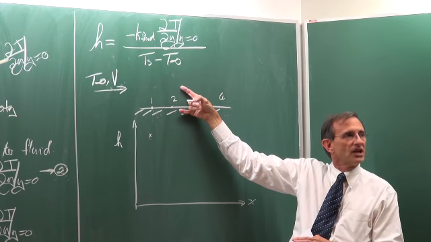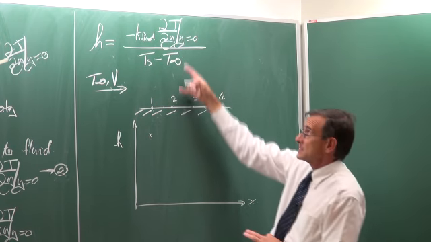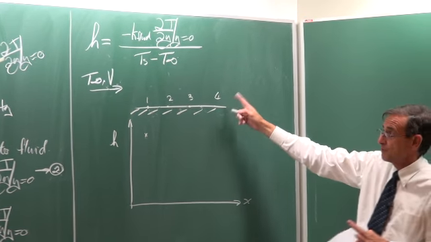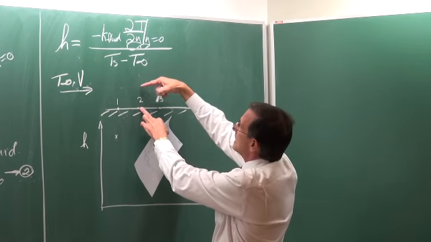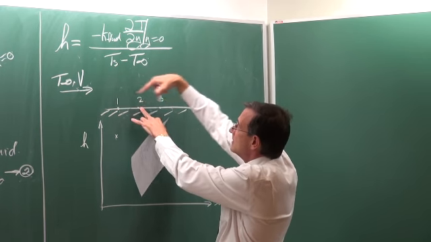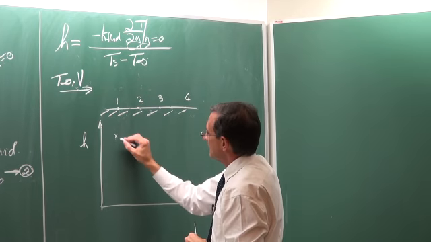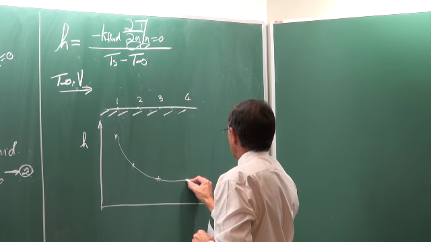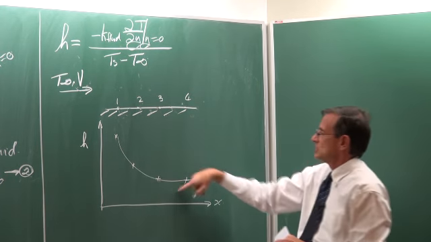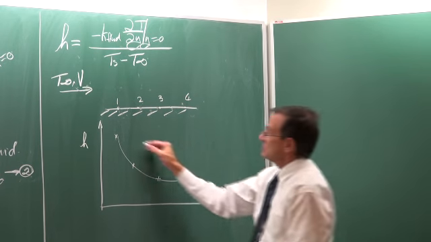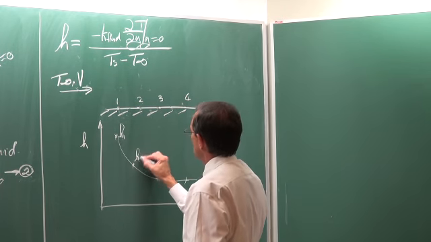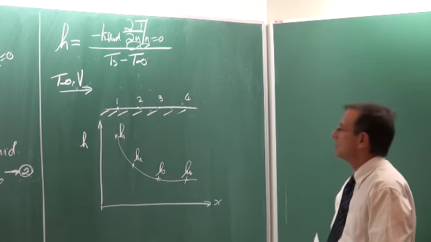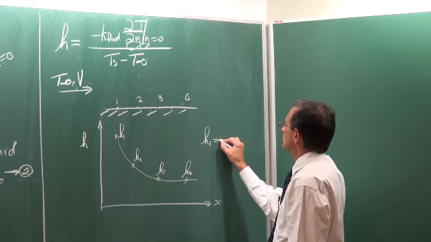Its temperature is changing, and the result is that this temperature gradient is changing as you go downstream along the plate. Because the temperature here is higher than there, the gradient is going to be different, and the result would typically be that the heat transfer coefficient, if you measure it at different positions, is going to do something like that. So that would be the heat transfer coefficient at point 1, point 2, point 3, and point 4.